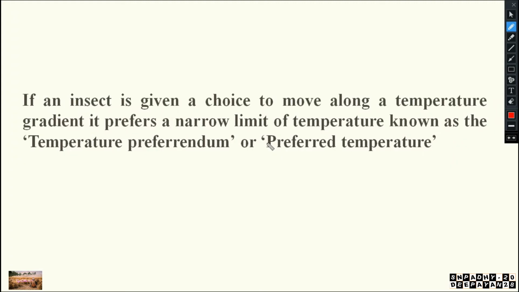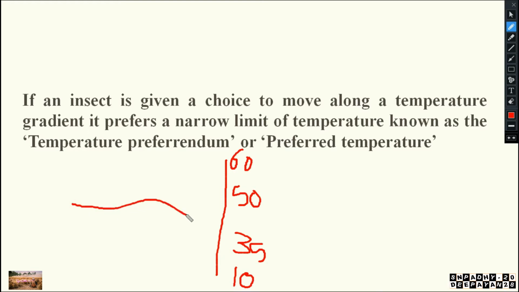Suppose you have an insect and suppose some temperature gradient is there, some range like 60, then 50, then it may be 35, then 10, like this some temperature range is there. And suppose you allow one insect to move along this temperature gradient, then what will happen?